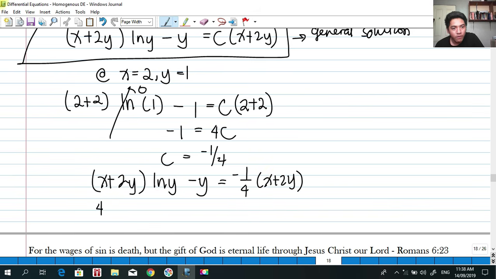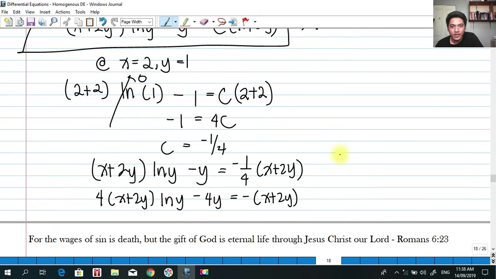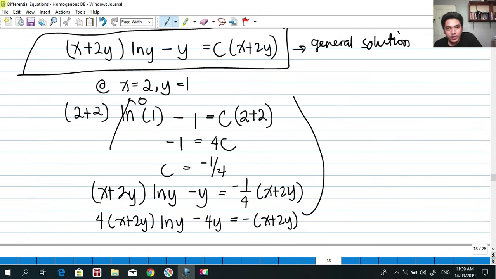We have 4 times x plus 2y, ln of y minus 4y, and we have negative of x plus 2y here because the negative sign is retained. So we have 4 times x plus 2y, ln of y minus 4y is equal to negative x minus 2y.